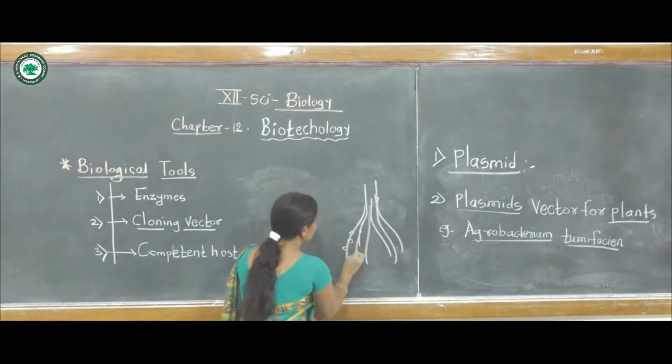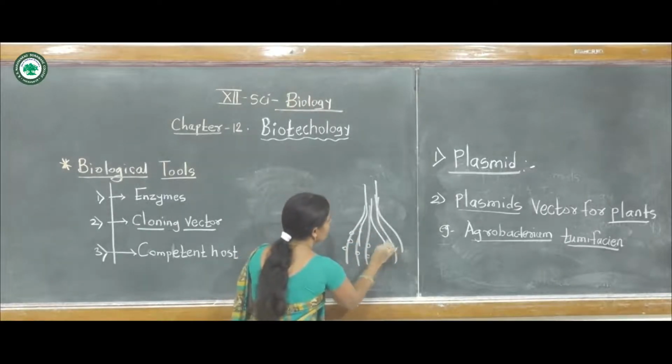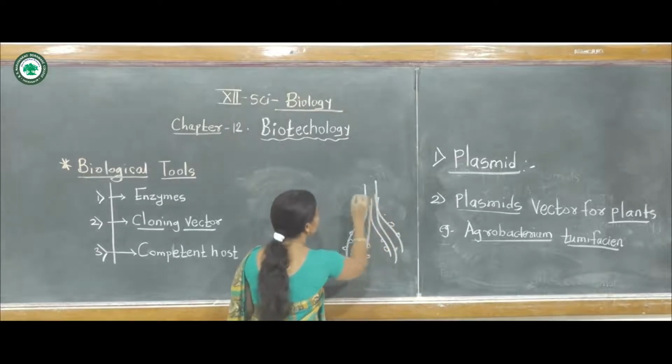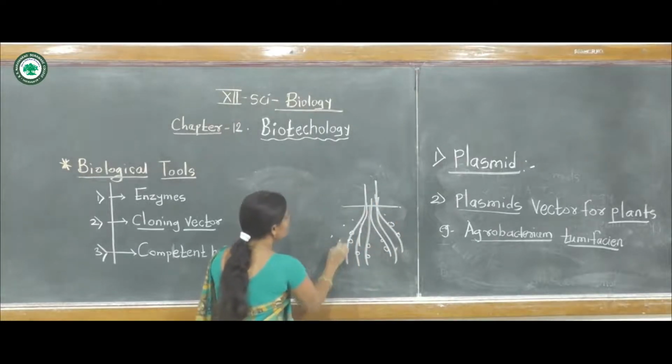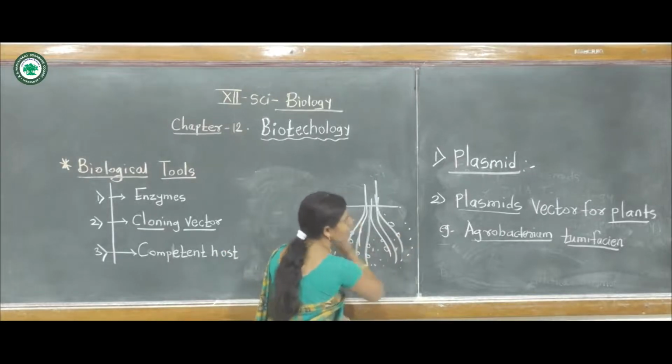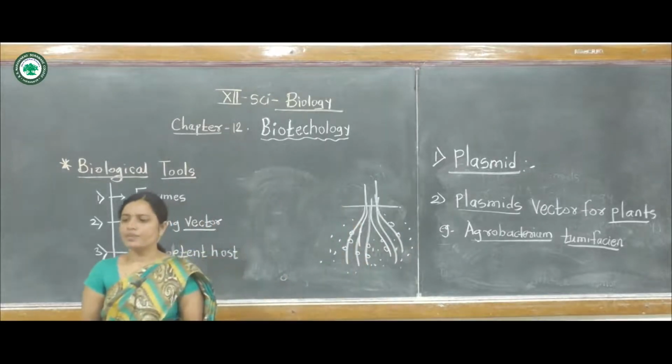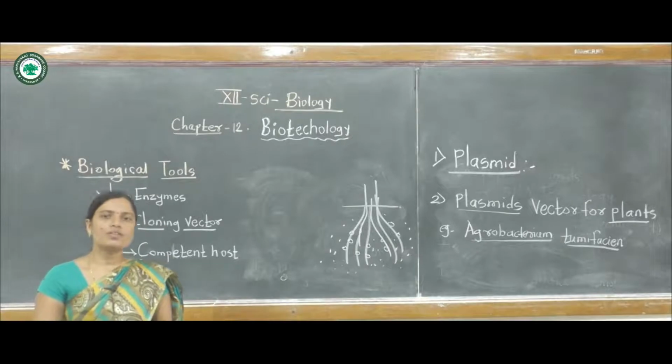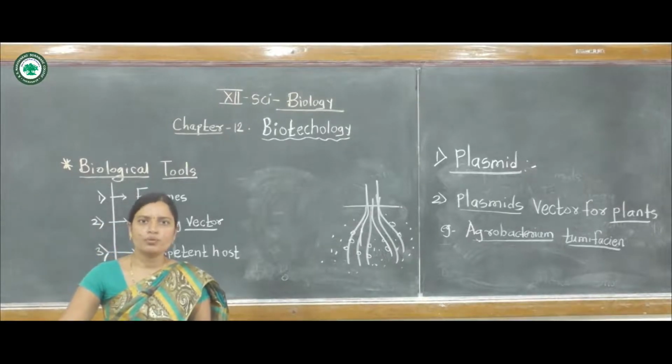Nodules are produced in the roots, and this Agrobacterium tumefaciens is a soil bacterium found in plants, and it causes the disease crown gall.